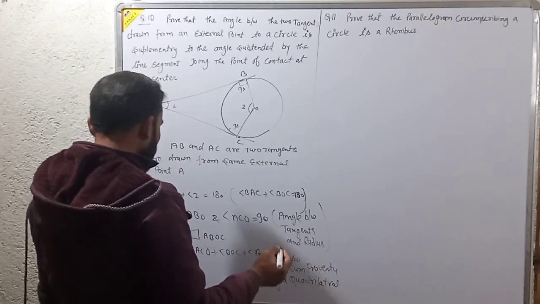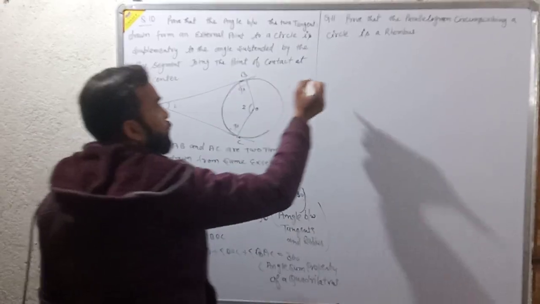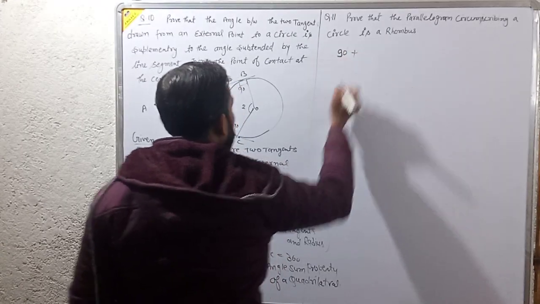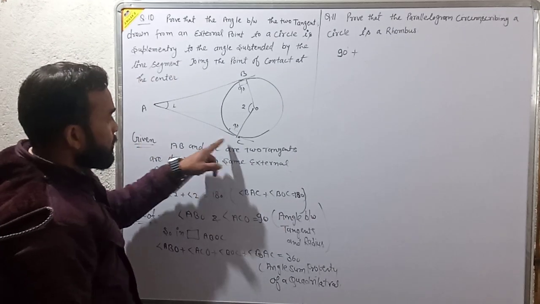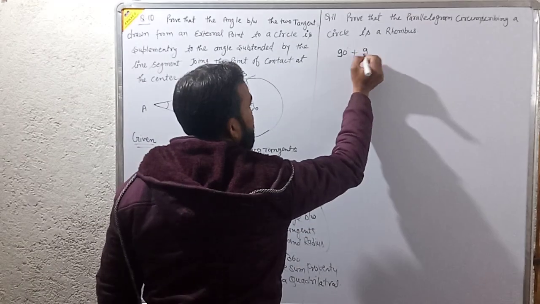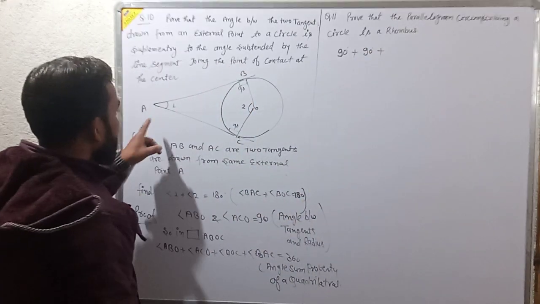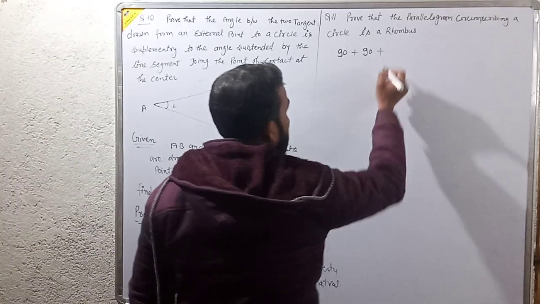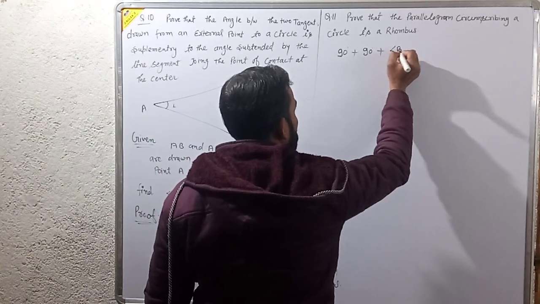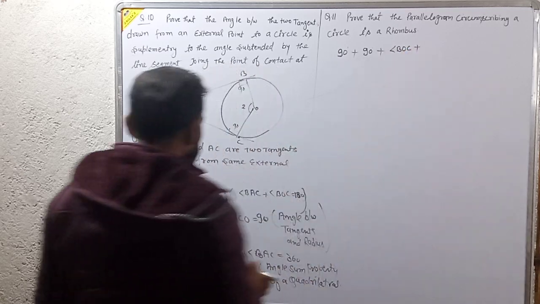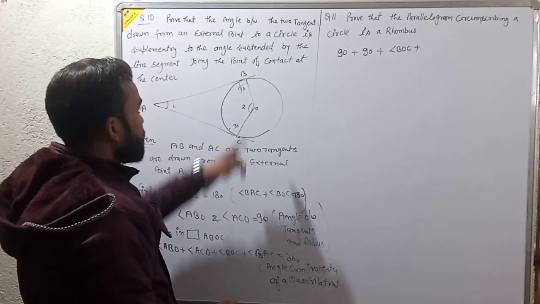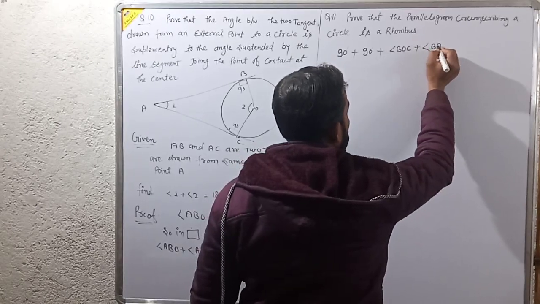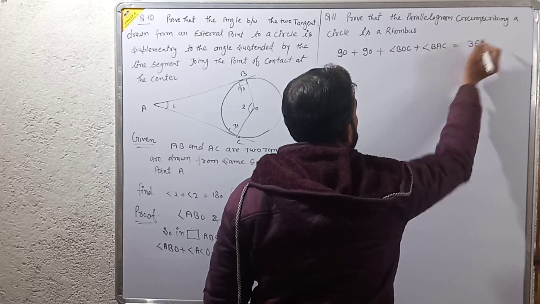So we put these values. Angle ABO is equal to 90 degrees, so we put 90 degrees plus angle ACO is equal to 90 degrees plus angle BOC is unknown, so we put angle BOC plus angle BAC is equal to 360 degrees.